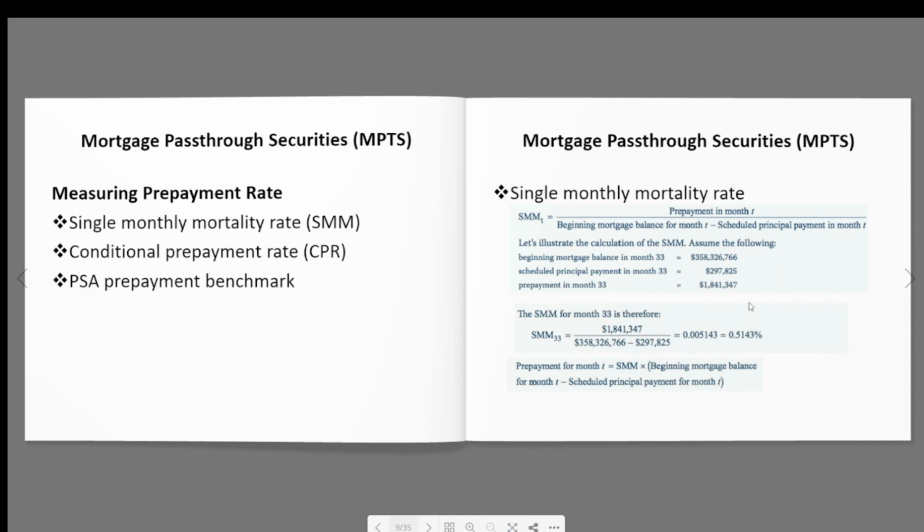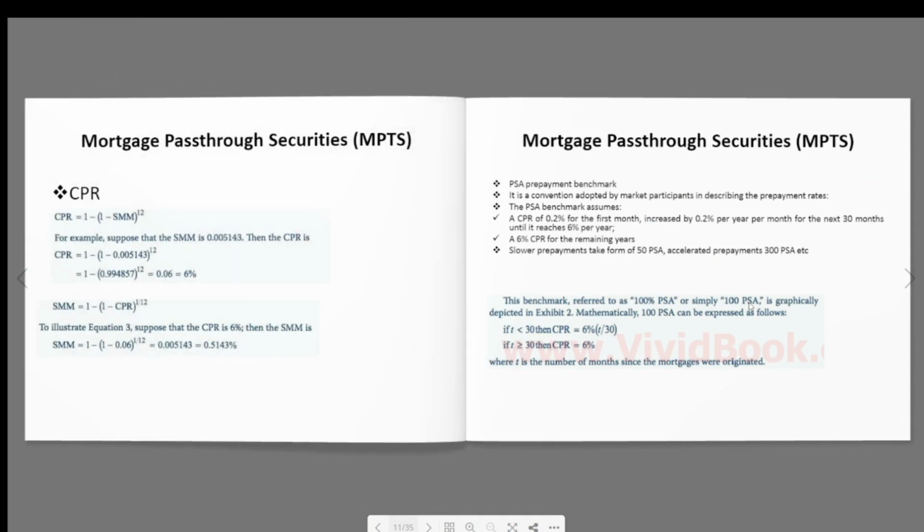The prepayment for month T is equal to SMM multiplied by the difference of the beginning mortgage balance for month T less the scheduled principal payment for month T.